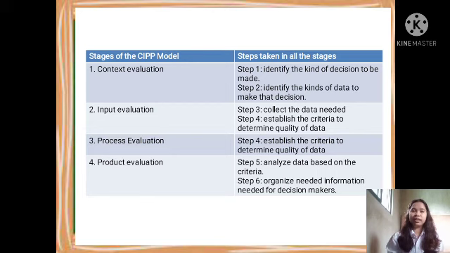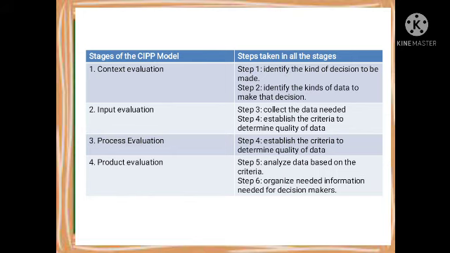And fourth is establish the criteria to determine quality of data. The fourth stage of the CIPP model is the product evaluation. So steps taken in all the stages: step 5 is analyze data based on the criteria, and step 6 is organize information needed for decision makers.